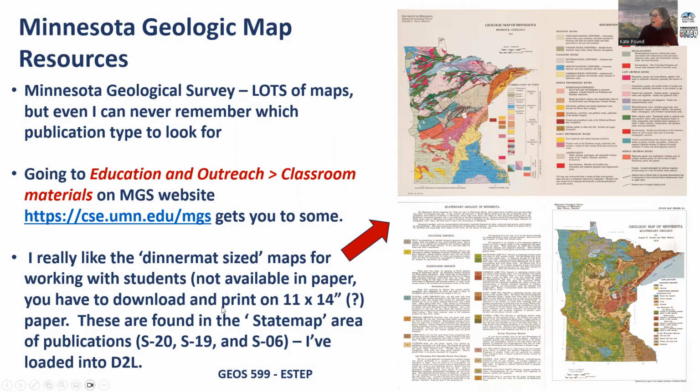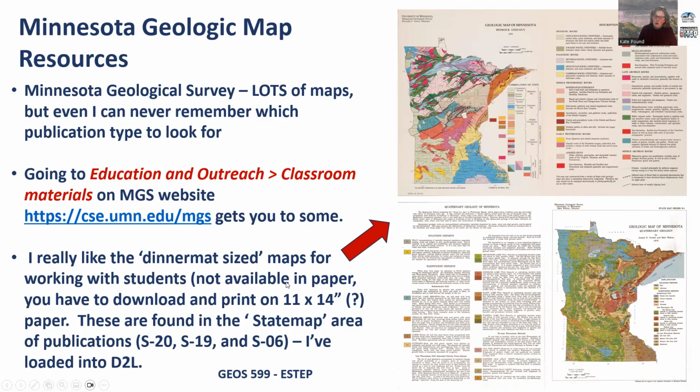There's also a hydrogeological map. But what I like about these maps is they are manageable. It's hard for you to see, but they've got the little symbols or the letters for each unit. So students get used to using them on this official map.